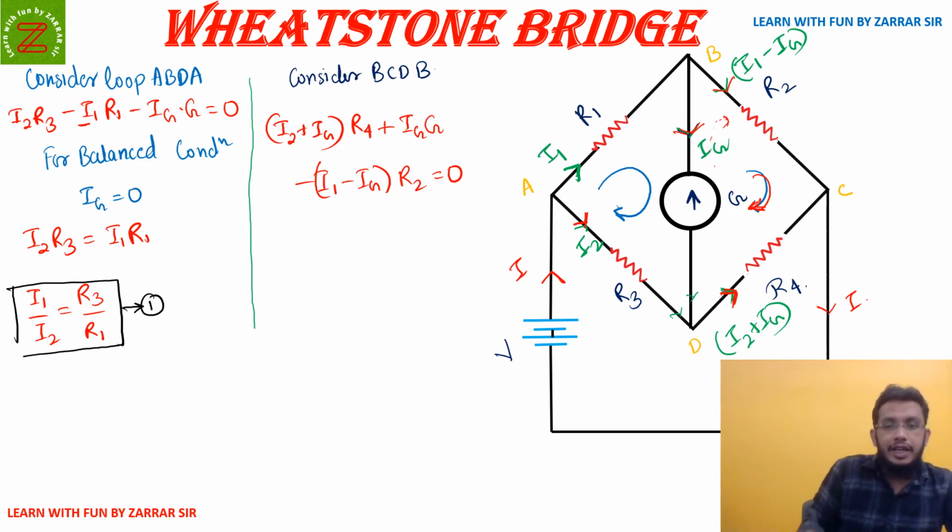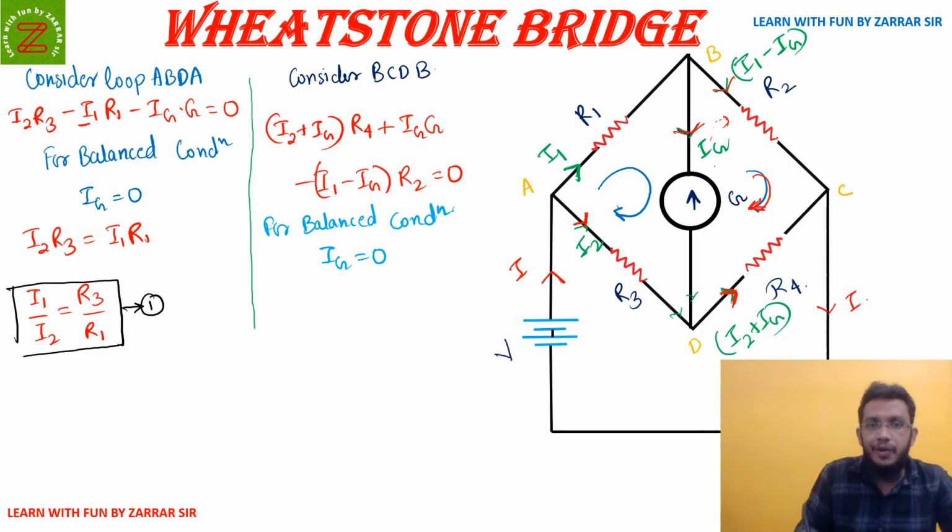Now again, the condition for balanced load. So for the balance condition, can I write Ig equal to 0? Now if I substitute Ig equal to 0 in the above equation, these terms get 0. Okay, the whole term gets 0. This term gets 0.